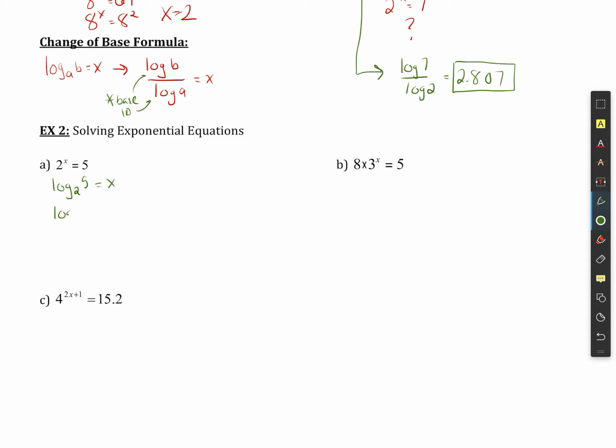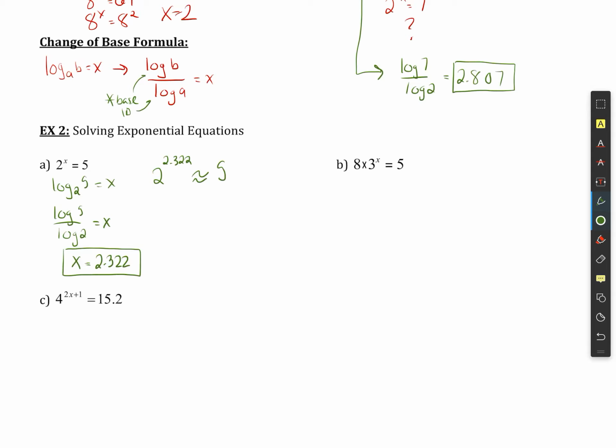So we could separate this. Log 5 divided by log 2 equals x. And log 5 divided by log 2 is 2.322. And one nice thing about this is, since you have your calculator, you can take a moment and check. 2 raised to 2.322 is roughly 5. It's not exact because in this situation we did round.